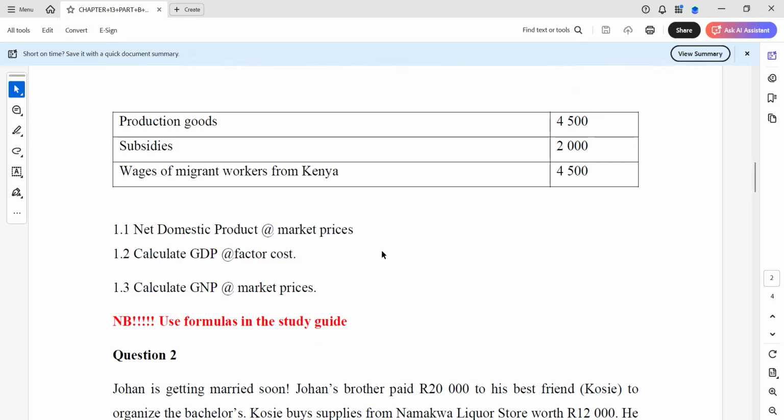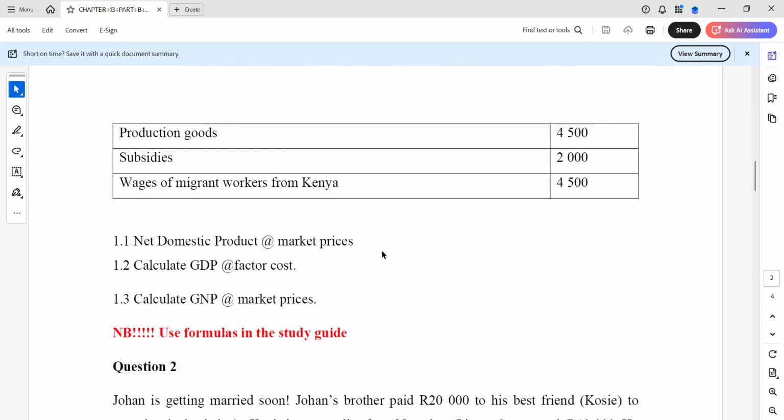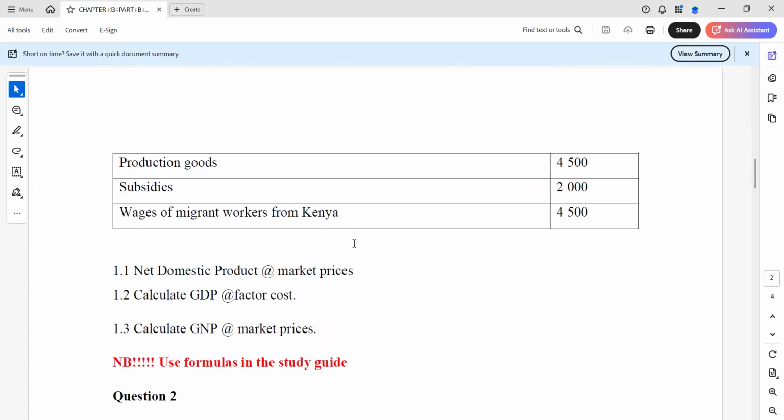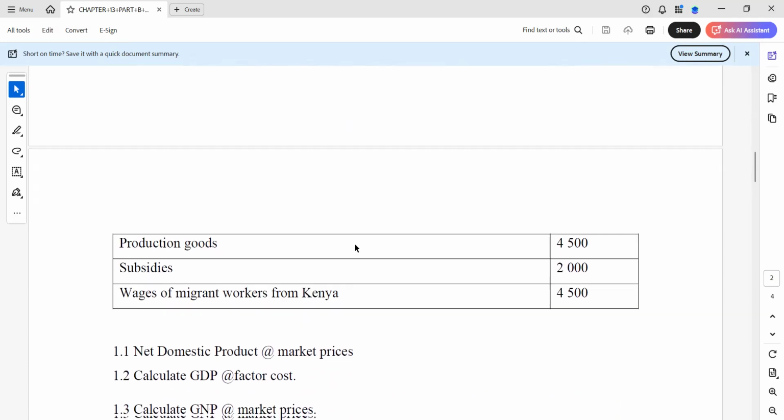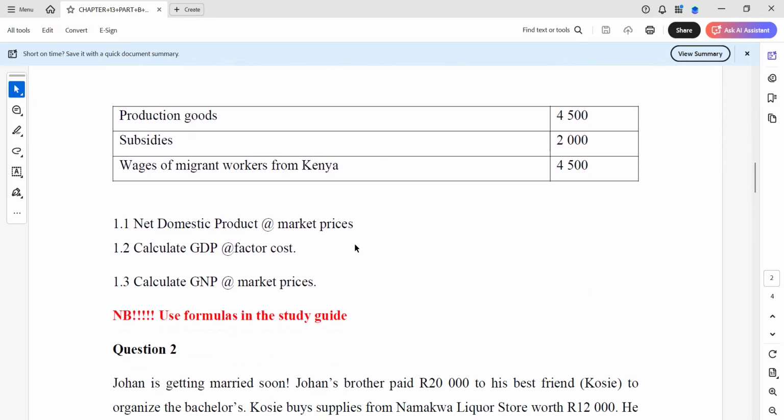Right, so net domestic product at market price. So what is net domestic product? You have to remember. Okay, let me just give you an example. Has anyone ever seen a pay slip, like your mother's pay slip or your sister's pay slip? When you look at it, it firstly says gross salary, and then you have your deductions, which are like your UIF, pay as you earn, medical aid, and then you'd have your net salary, right?